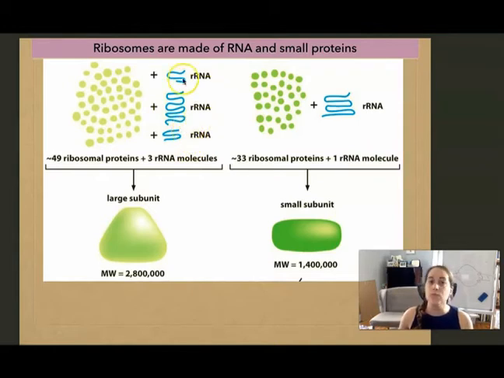That's not true if you remove the rRNA and just have the proteins. And so this is really interesting and important, and you guys will do a reading about RNA and the origin of life on Earth. And we think that RNA is very ancient and probably more ancient than DNA because RNA can have a catalytic function and DNA does not, at least so far as we know.